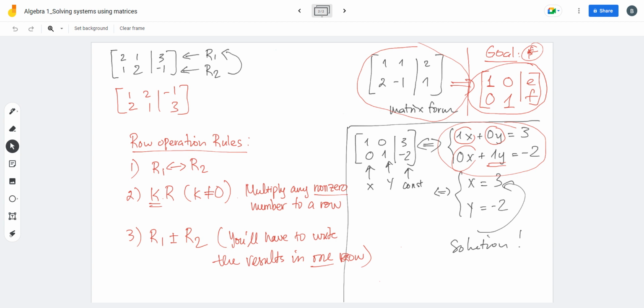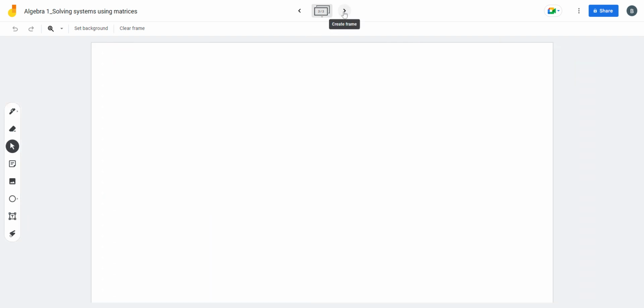Okay, so that's the theory, and we learned these rules in class already. But let's start with an example and see how it works in real life. Let's say we're going to start with something like this.